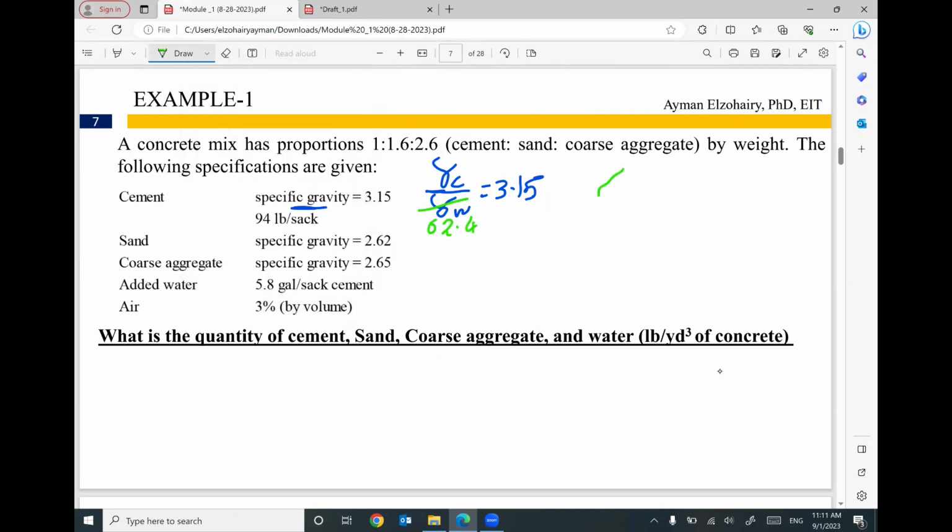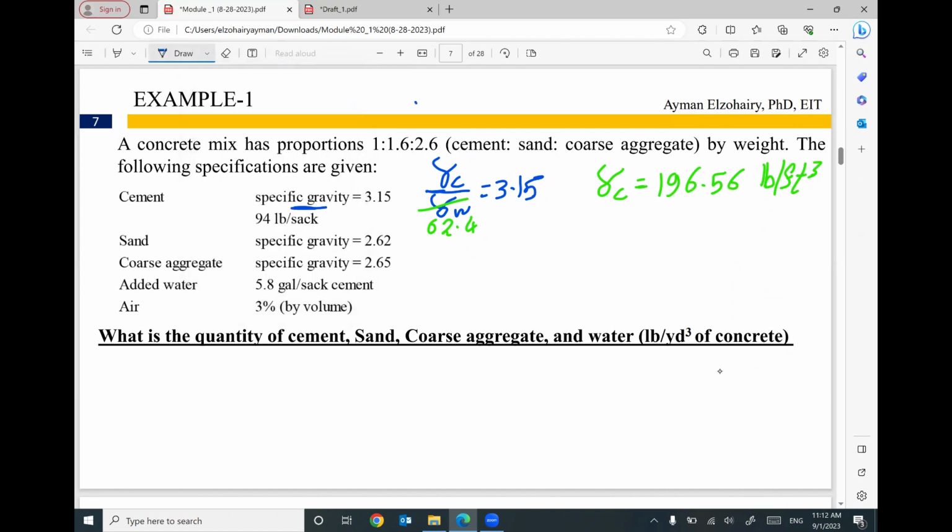So I can tell you the value of gamma cement. I can grab my calculator. So gamma of cement will equal 62.4 times 3.15. I got 196.56 pounds per cubic feet.